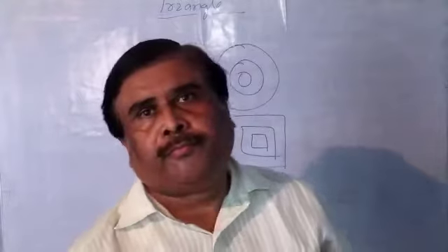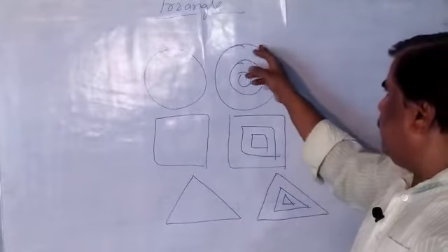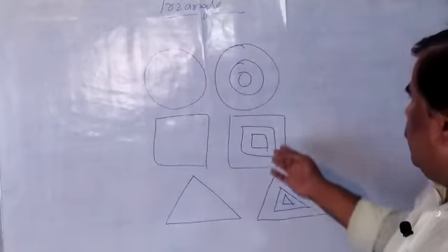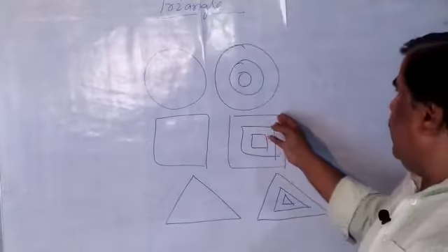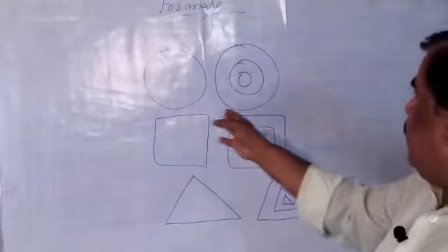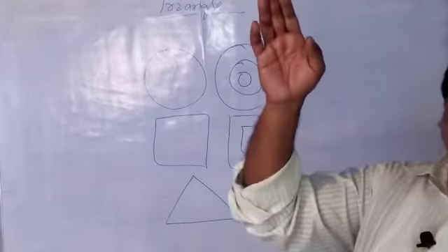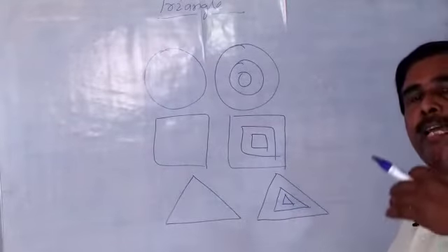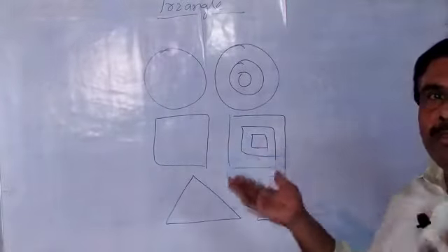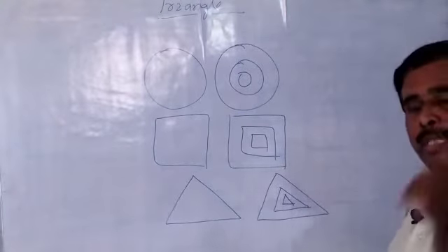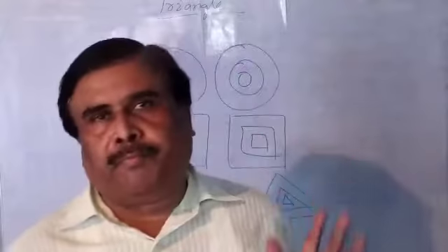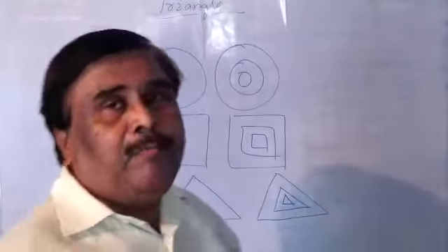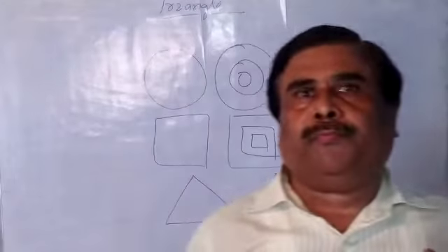My dear student, the one thing is common among all the circles having different radii or same radii, all squares either the same side or different side, all equilateral triangles either they have same length of side or different length of side. This common thing is they have same shape. So all these figures which have same shape are called similar figure.